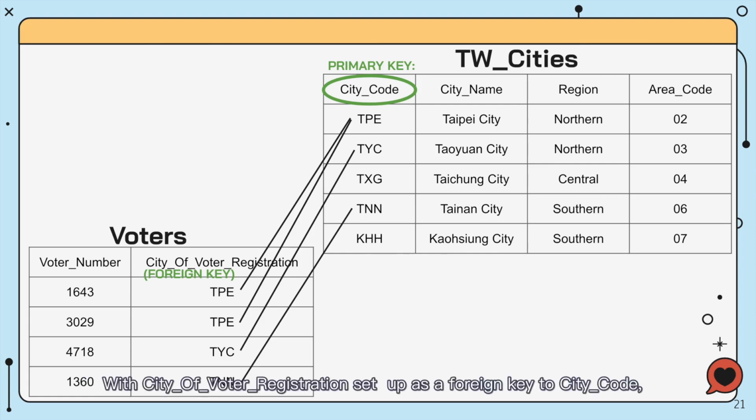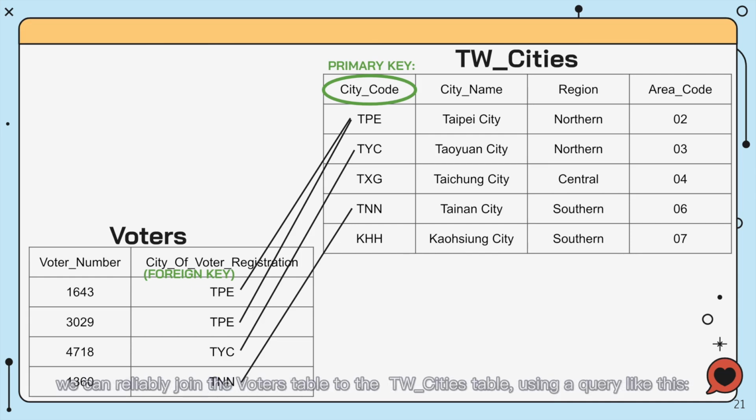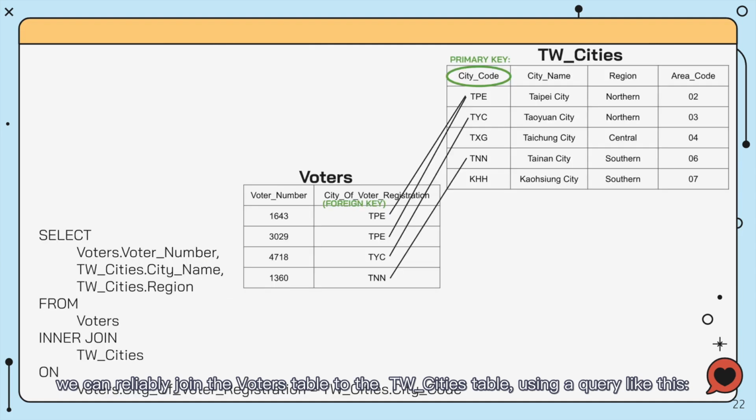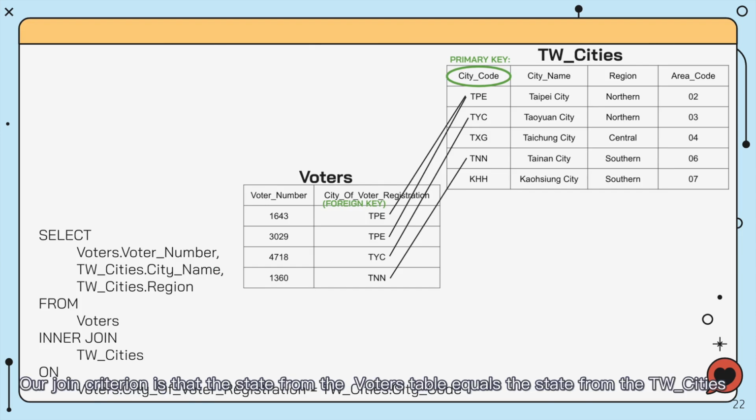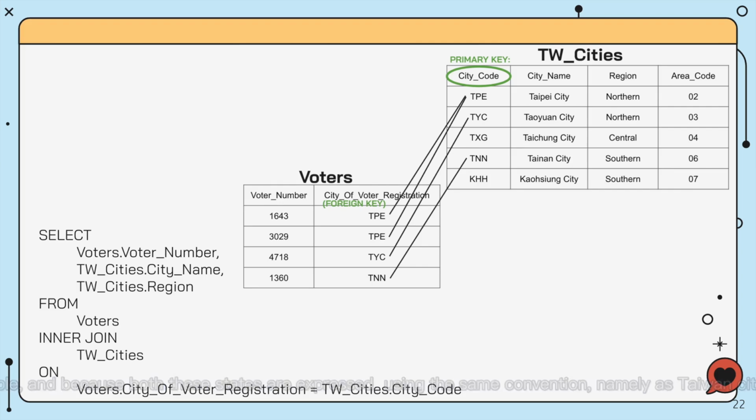With city of voter registration set up as a foreign key to city code, we can reliably join the voters table to the Taiwan cities table using a query like this. Our join criterion is that the city from the voters table equals the city from the Taiwan city table.